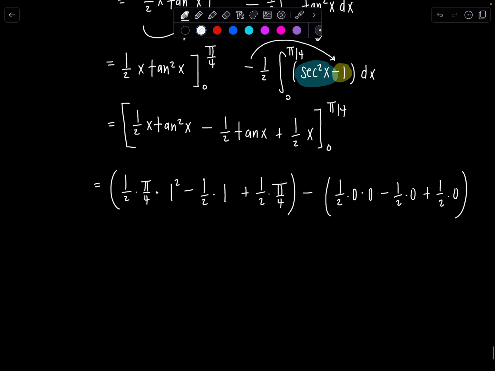A lot of zeros going on. What am I left with? This is pi over 8 minus 1/2 plus another pi over 8 minus a bunch of zeros. So I have 2 pi over 8, which is pi over 4 minus 1/2.